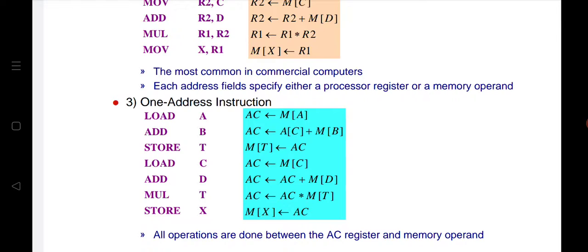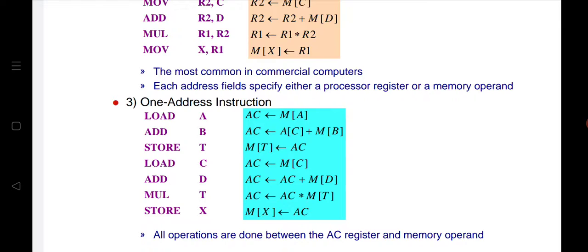What is the next thing I need to do? I need to perform the multiplication of A plus B into C plus D. So I will be using mul T. T is going to hold the value A plus B. This instruction does accumulator is equal to accumulator into the memory address T data, which will be multiplied, and the result is there in the accumulator.